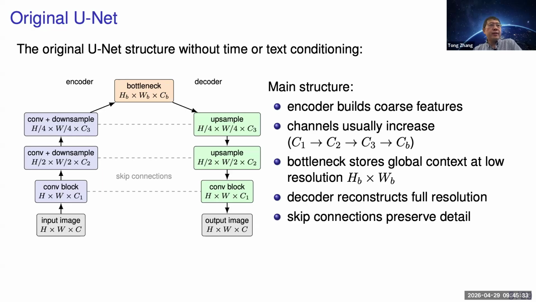Basically the encoder builds coarser features, and you usually increase the channel and reduce your spatial resolution. In the bottleneck, you're working with compressed, global information because it's a smaller image. And then the decoder reconstructs with full information.